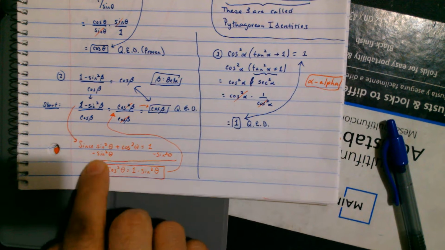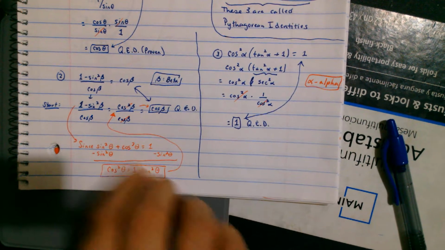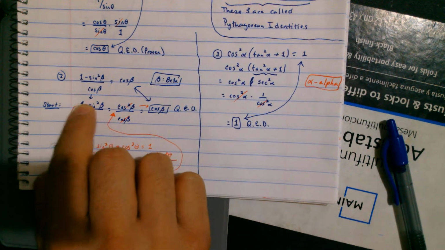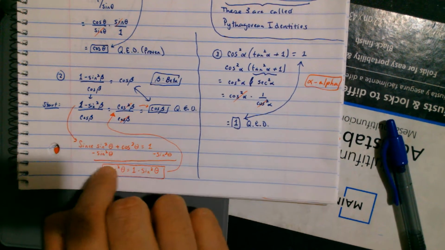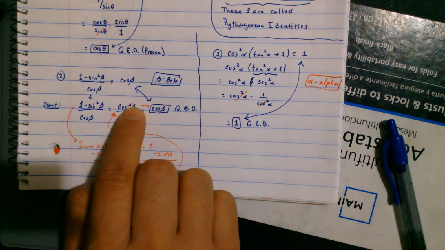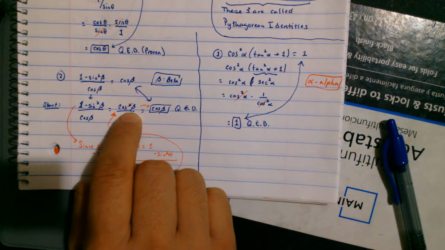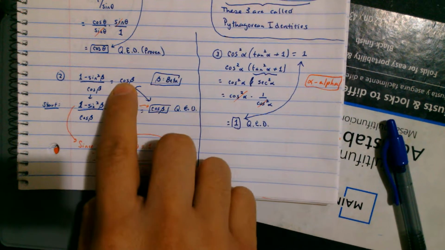So if I subtract sine squared theta from both sides, cosine squared theta equals 1 minus sine squared theta. So I can replace 1 minus sine squared beta with cosine squared beta. Cosine squared beta over cosine beta, one of the cosines cancels, and you have cosine beta, which is what you're trying to prove.